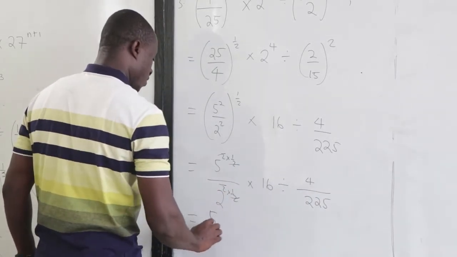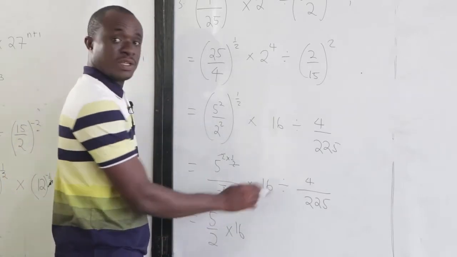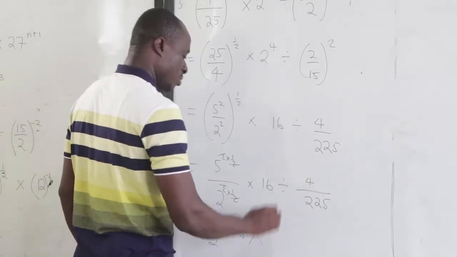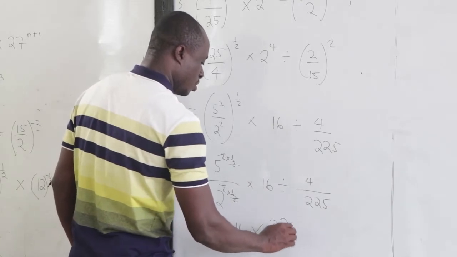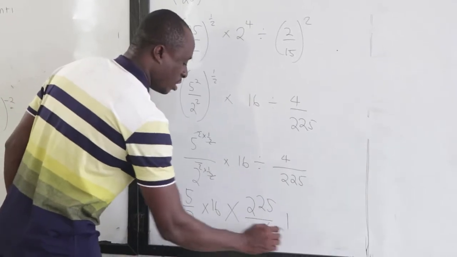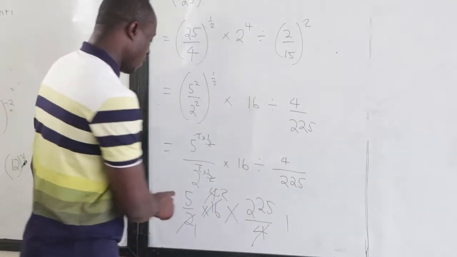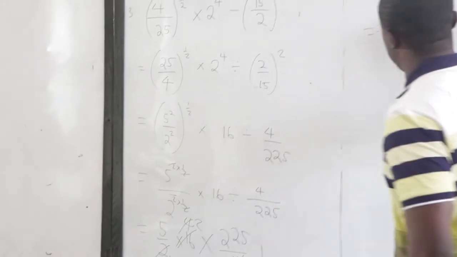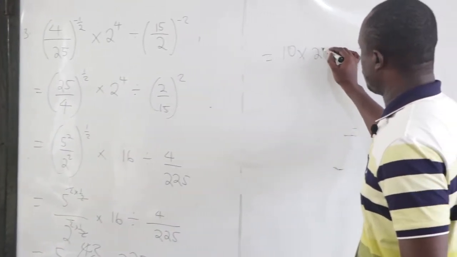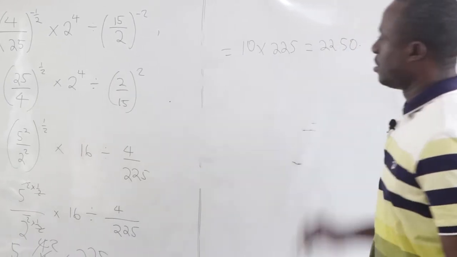So you have 5 over 2 times 16. Now division changes to multiplication with the reciprocal, so 225 all over 4. Now 4 will go into 16 4 times, 2 goes 1, 2 goes 2. 5 times 2 is 10, times 225, and this is 2250.